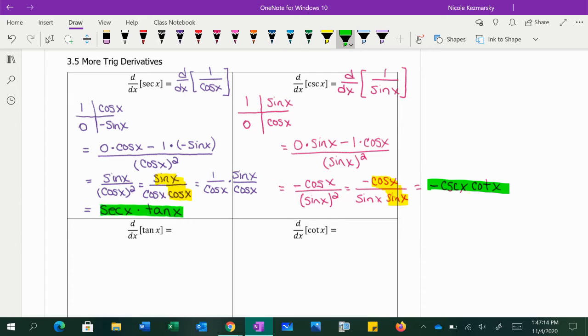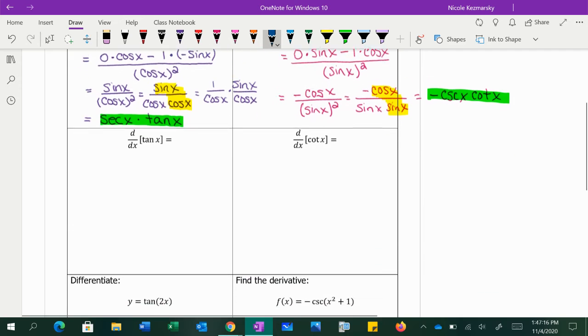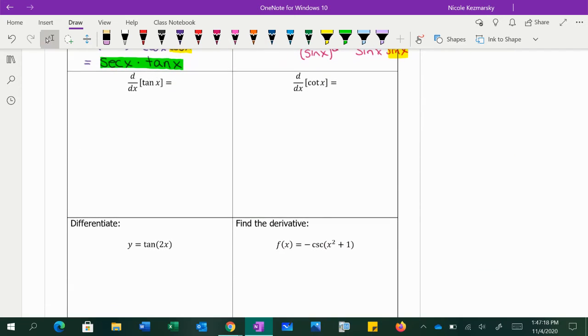Let's do the same thing for tangent. We've actually done this one before, but we'll do it again and kind of polish it off. So I'm going to take the derivative of tangent and I'm going to turn it into the derivative with respect to x of sine of x over cosine of x. So when I set up my box, I'm going to have sine of x in the upper left, cosine of x in the upper right.